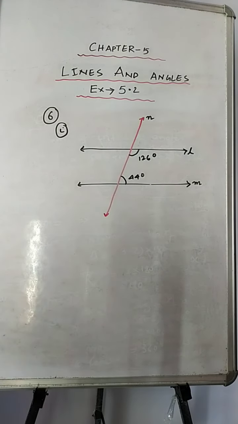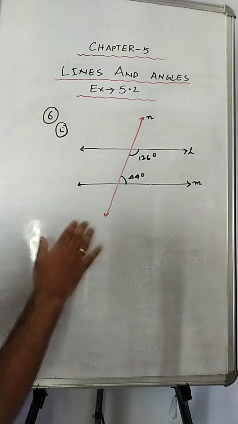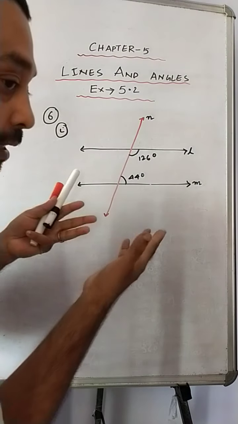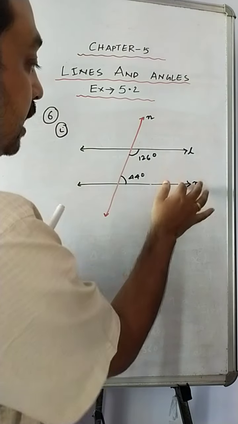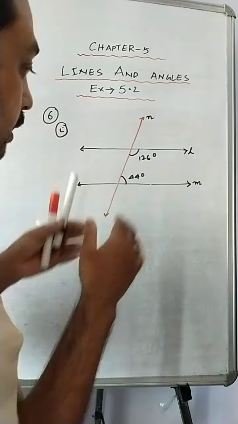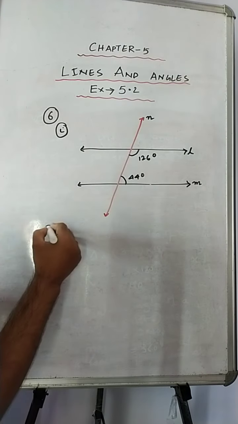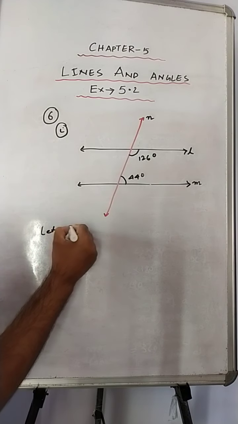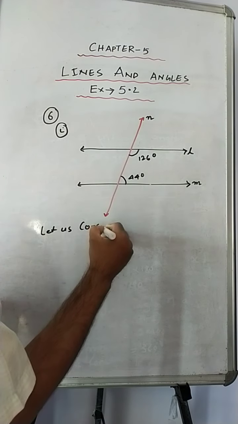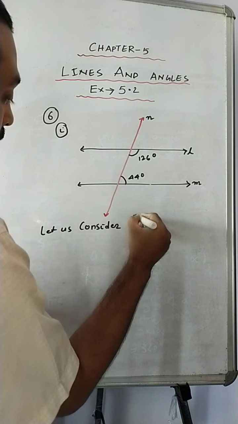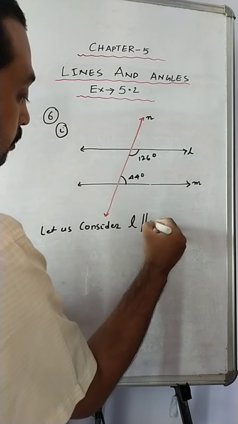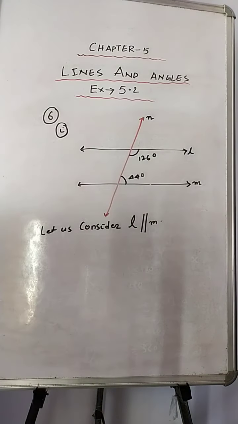Fine. So the first thing that you have to do is you have to think that L and M are parallel. You have to assume that L and M are parallel lines. So you will write, let us consider L is parallel to M. Let us consider this.